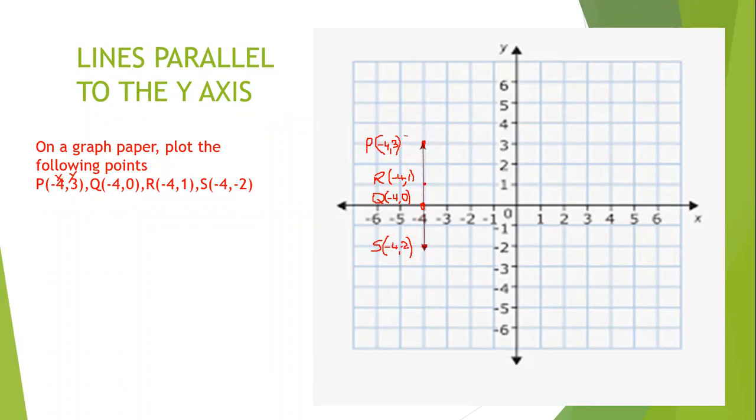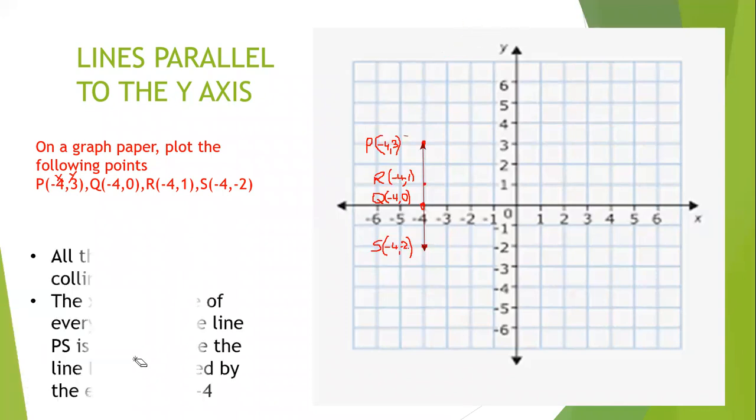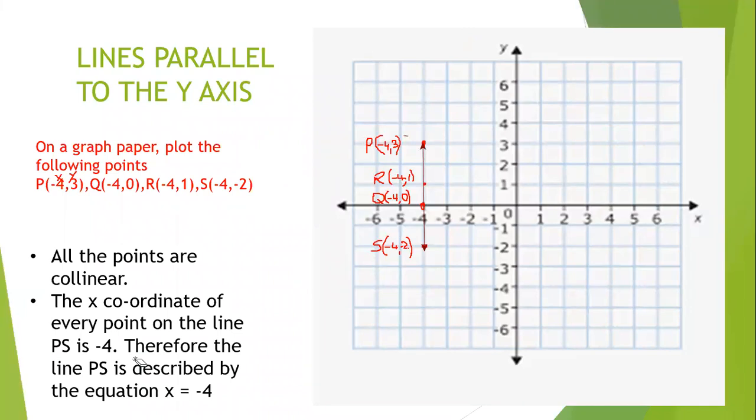Okay, can you see this line? All the points are collinear.